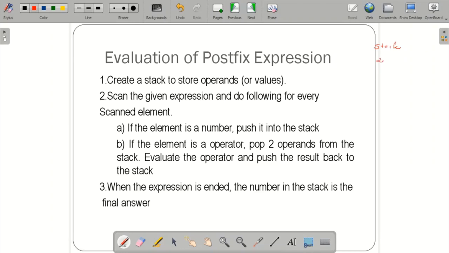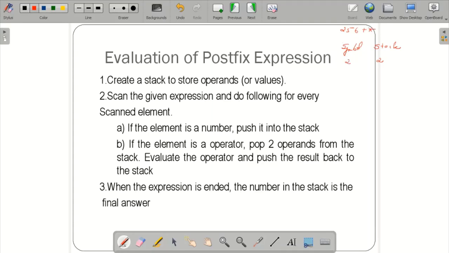I'll give a simple example. Let us solve 2, 5, 6 plus and star. Let us take this particular example and solve it.